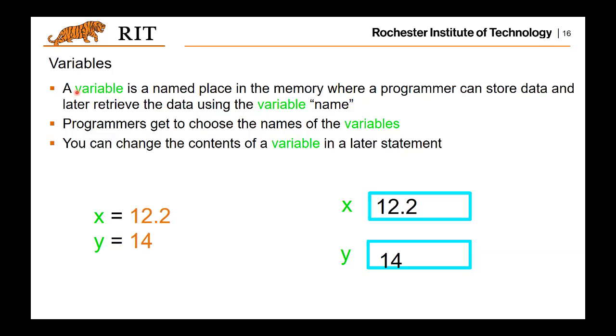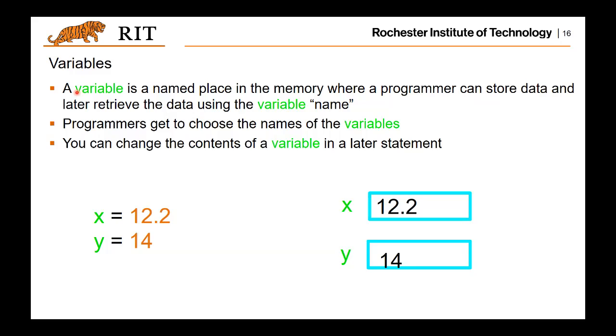So the task of choosing the name of a variable is the programmer's task, right? You have to decide what the names for the variables are. And how you name it actually matters. And I will introduce some rules for variable names later. I will give you some examples, some good names and some bad names, and why different names could give you different results, or whether it's convenient to use or not, all right?